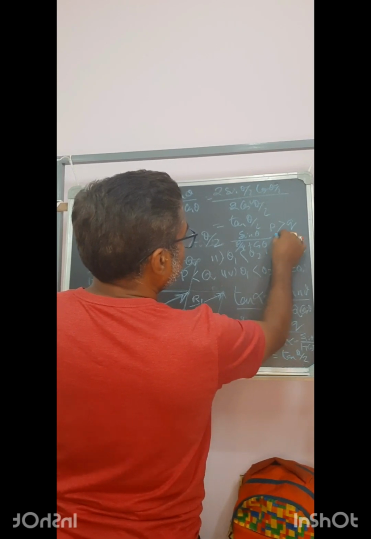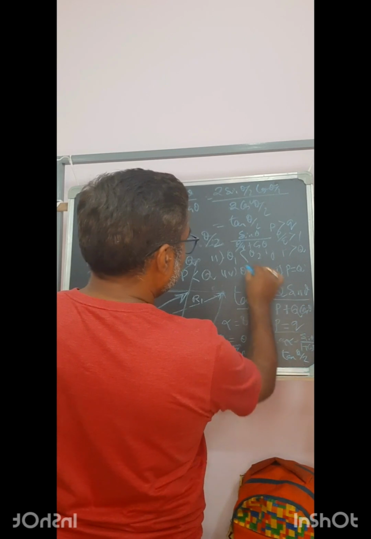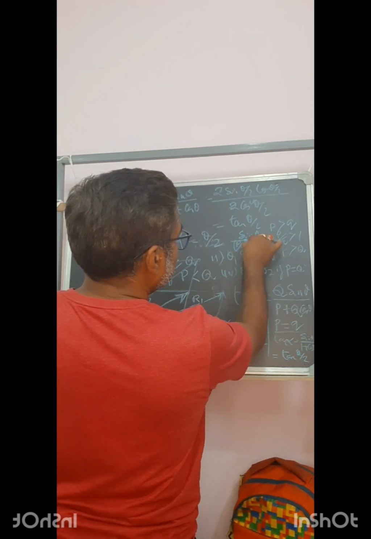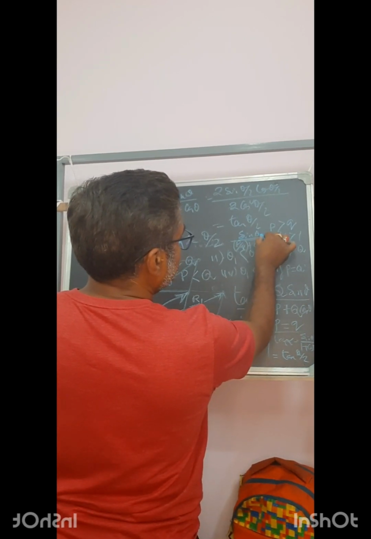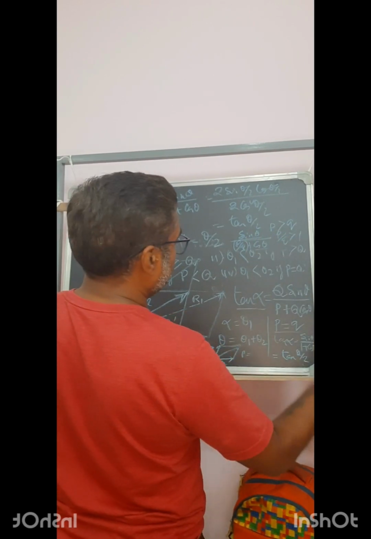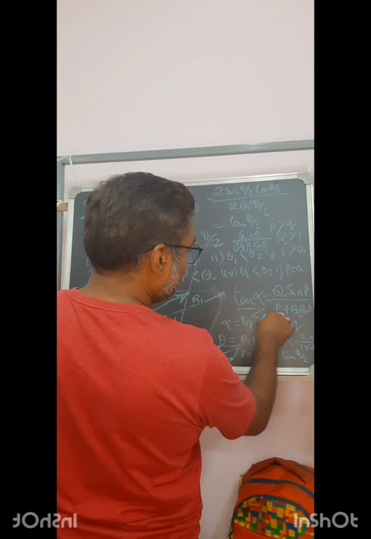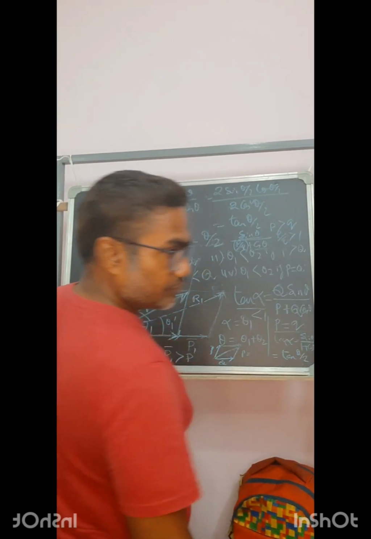So P by Q is greater than 1. So you can understand this equation: this is greater than 1, this is limited to a maximum of 1 and this is also limited to a maximum of 1. So this ratio will always be less than 1 for the case of P greater than Q.